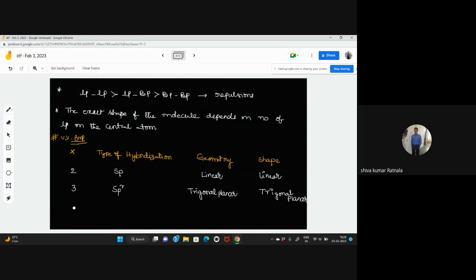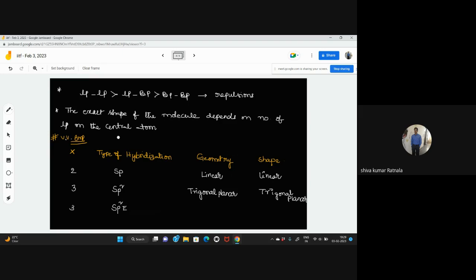Next, the X value remains 3 and hybridization is also sp2, but it has one lone pair.